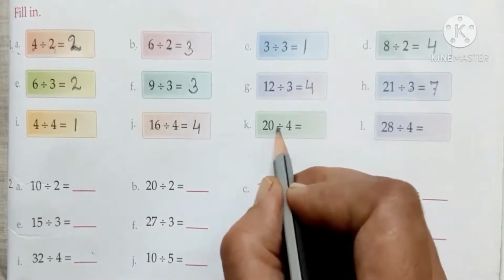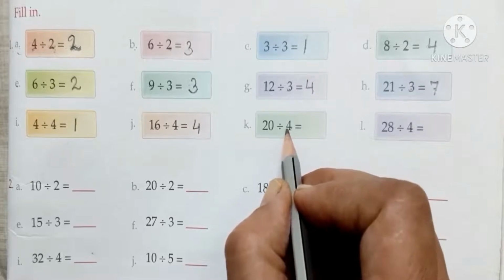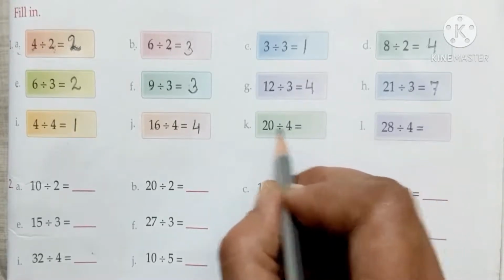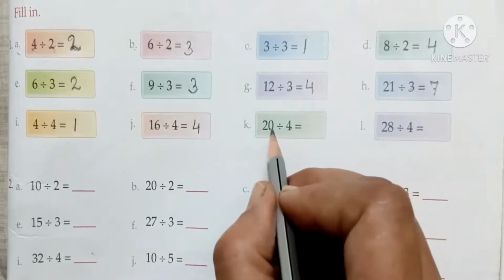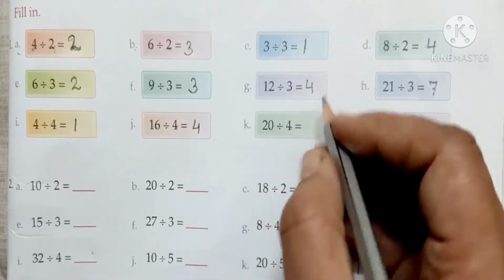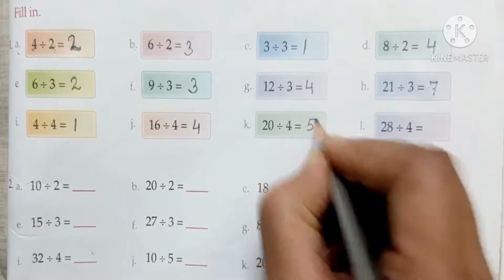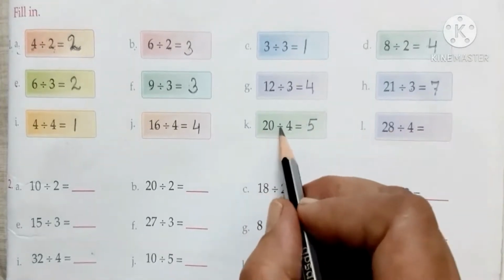K. 20 divided by 4. Recite the multiplication tables of 4 again. 4 1 is 4, 4 2s are 8, 4 3s are 12, 4 4s are 16, 4 5s are 20. 4 5s are 20, write 5 here.